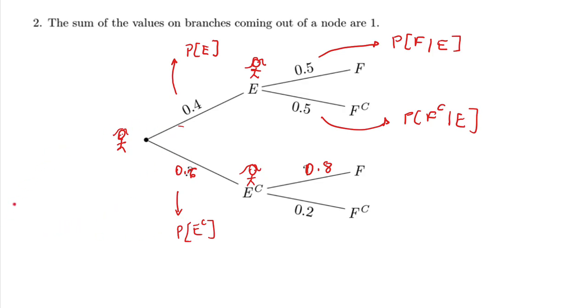All right, so these are the first two rules. The first rule is that in the branches we have conditionals, right? In this case, when you're in the first event, the conditional turns out to be the prior, the first probability. And the second property is that every branching has to sum up to 1, okay? When we were dealing with counting, the number of things coming into the node were the number of things coming out of the node.